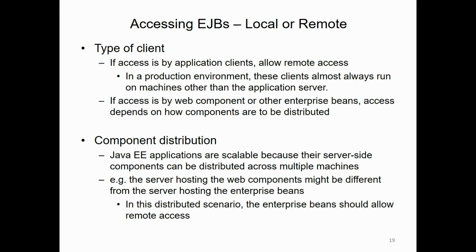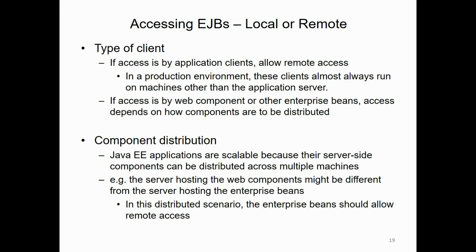If you're using application clients, now an application client is an application on a different machine that is talking to the server. That means you're going to have to use remote access. When you're dealing with enterprise applications, if you've written an application client, it is inevitable that it's going to be on a different machine from the server, and therefore you're going to have to use a remote interface.